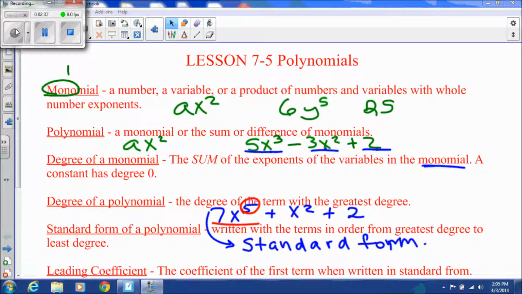And the leading coefficient, this is our last vocabulary word at this time, the leading coefficient is the coefficient or the number that's multiplied by the variable. So the leading coefficient is the coefficient of the first term when written in standard form. The leading coefficient for the example above would be 7. Let's try some examples.